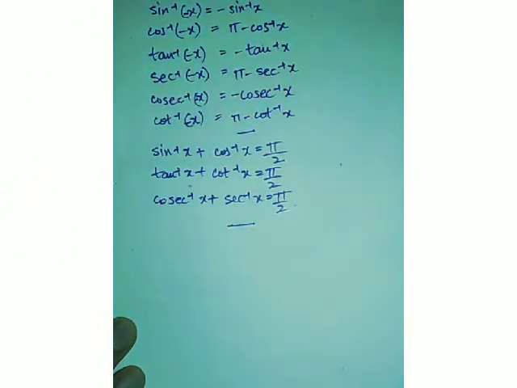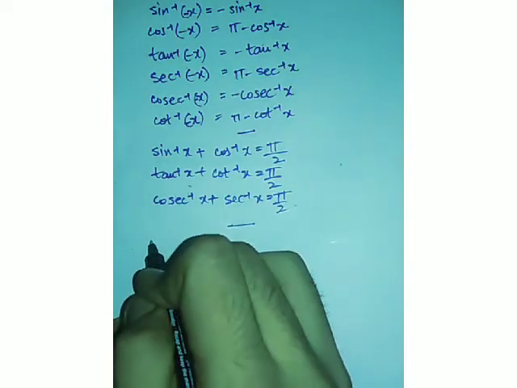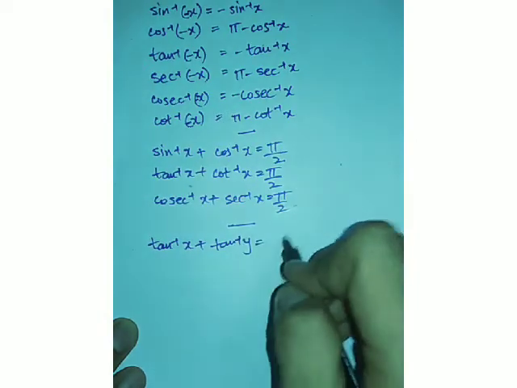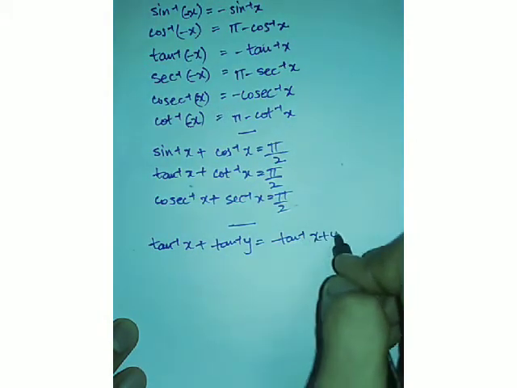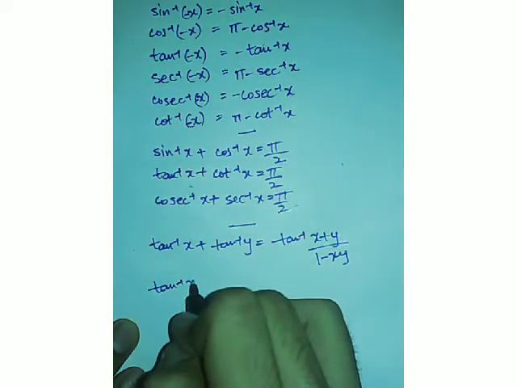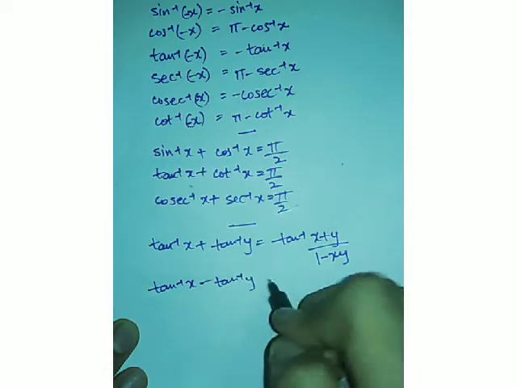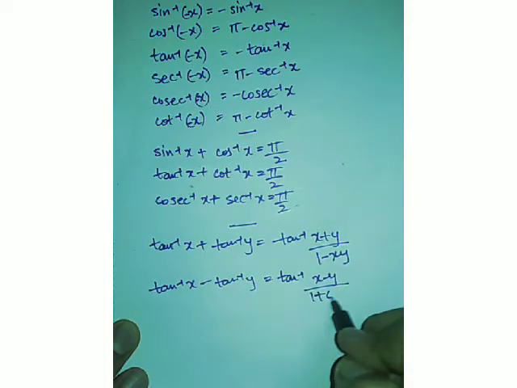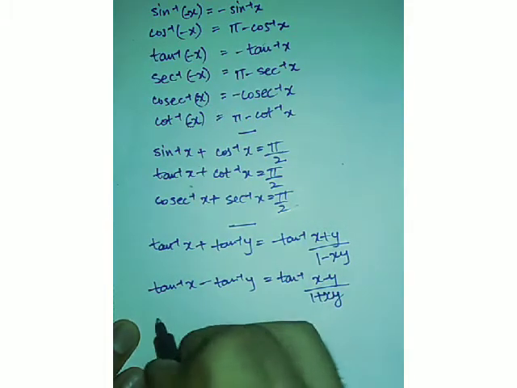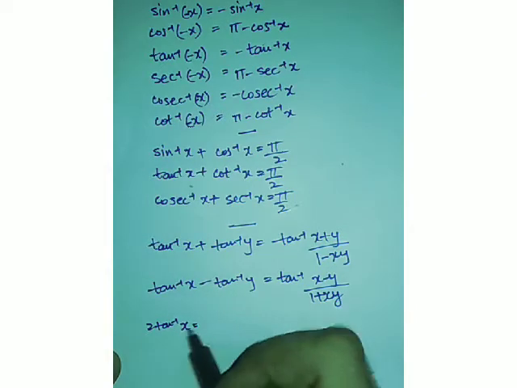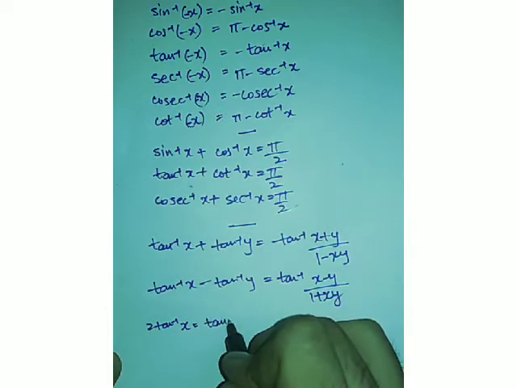So these are the identities involving addition of inverse trigonometric functions, and similar to these there are others, like tan inverse x plus tan inverse y is equal to tan inverse of x plus y upon 1 minus xy, and the same is the case with the identity involving subtraction: tan inverse x minus tan inverse y is equal to tan inverse of x minus y upon 1 plus xy. Then 2 tan inverse x has three identities, so I'll write them collectively.